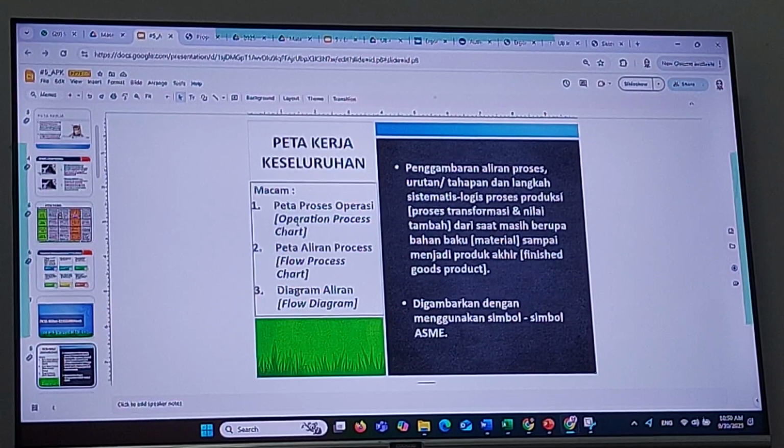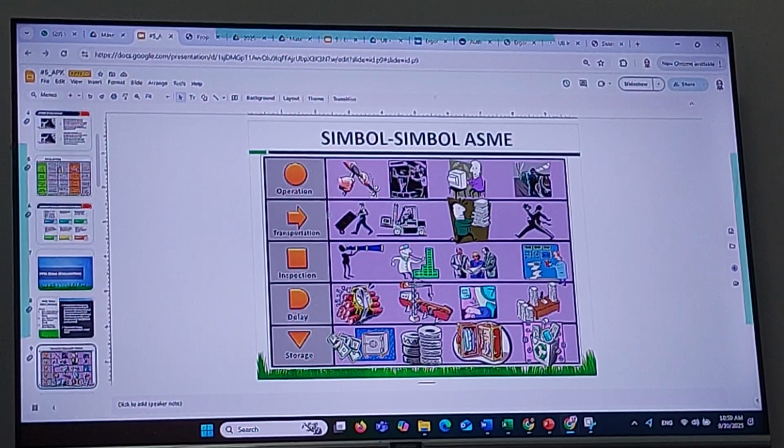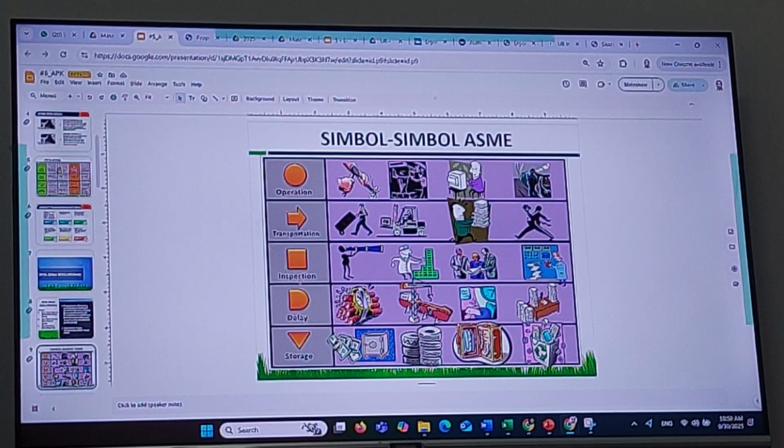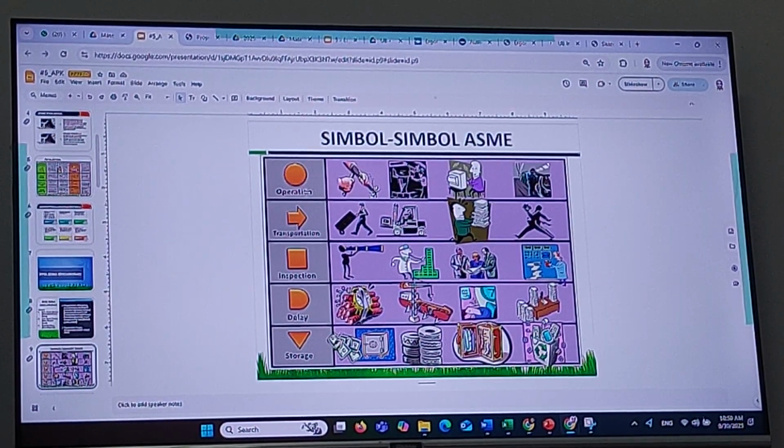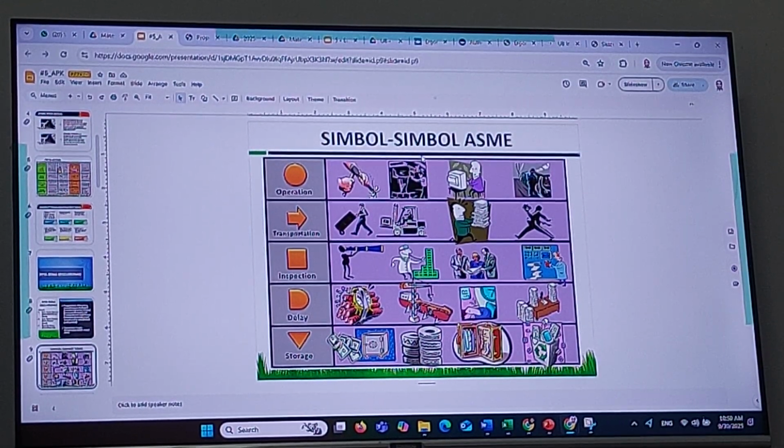In OPC, FPC, and also flow diagram, we use 5 symbols from ASME, American Society of Mechanical Engineers. So it is standard.